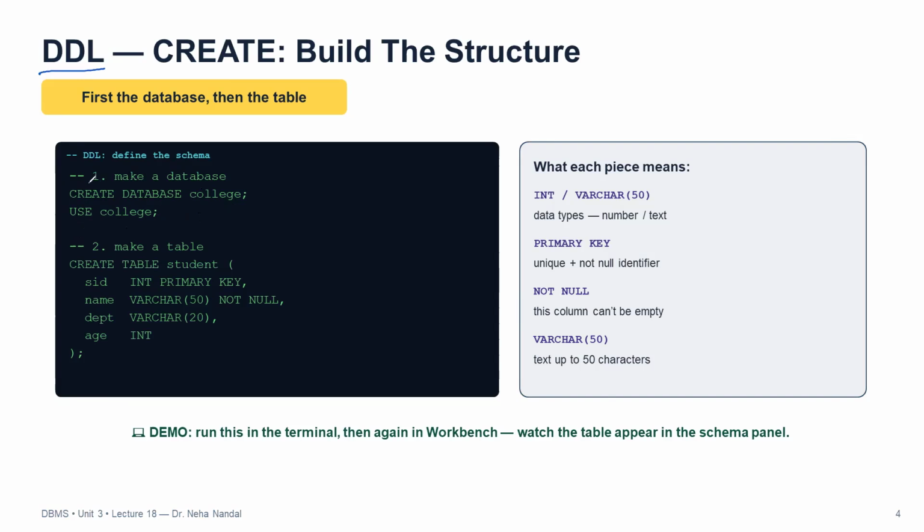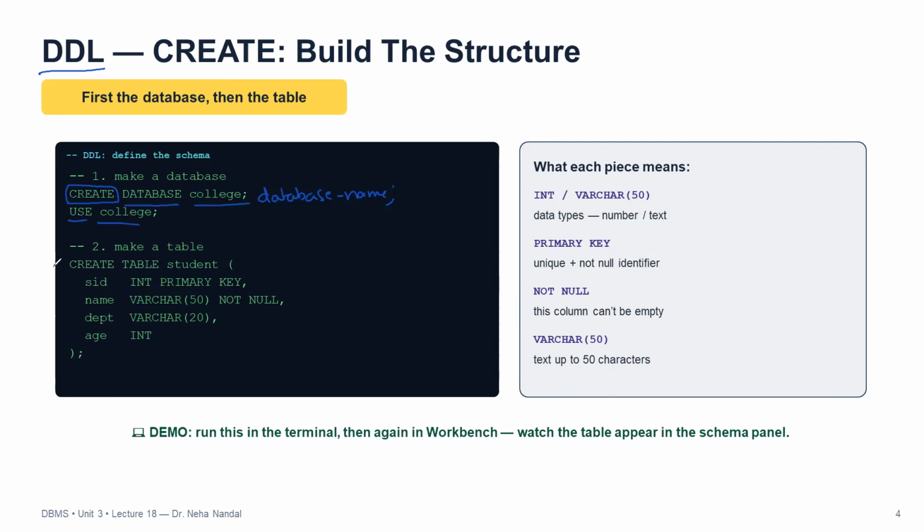So first one is DDL and first command is create command. That is database name, any name you want to give. And then after creation of this you have to use that database with its name.